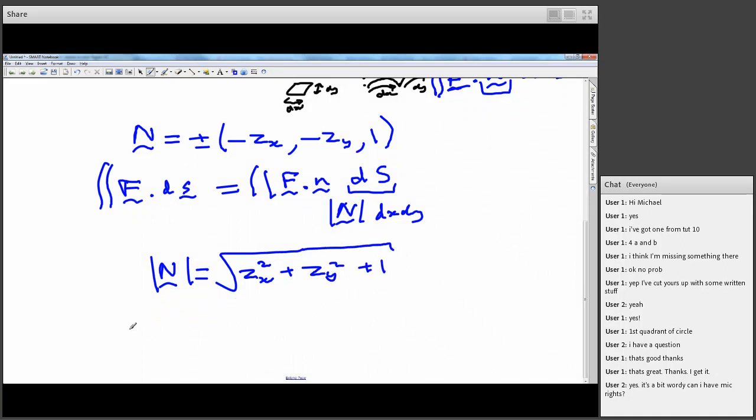In this case, z is equal to minus y plus 1, so this correction factor, if you want to call it that, that's going to be 0, that's going to be 1, so you'll get a correction factor of root 2, because it's a nice plane, it simplifies down.